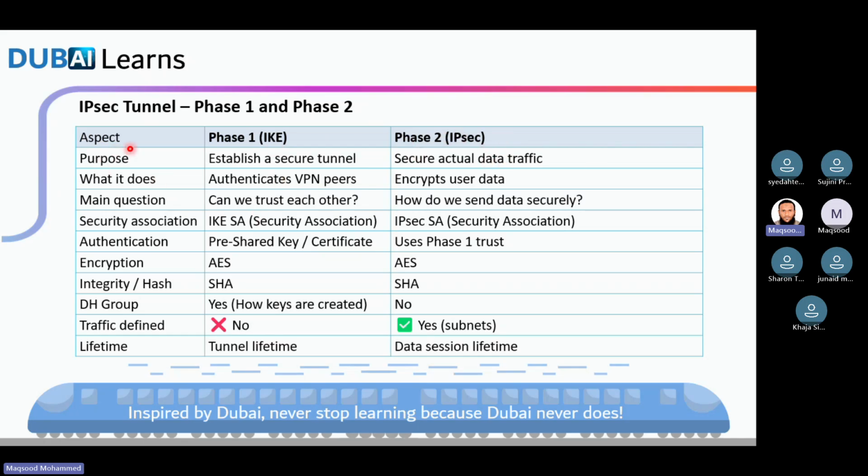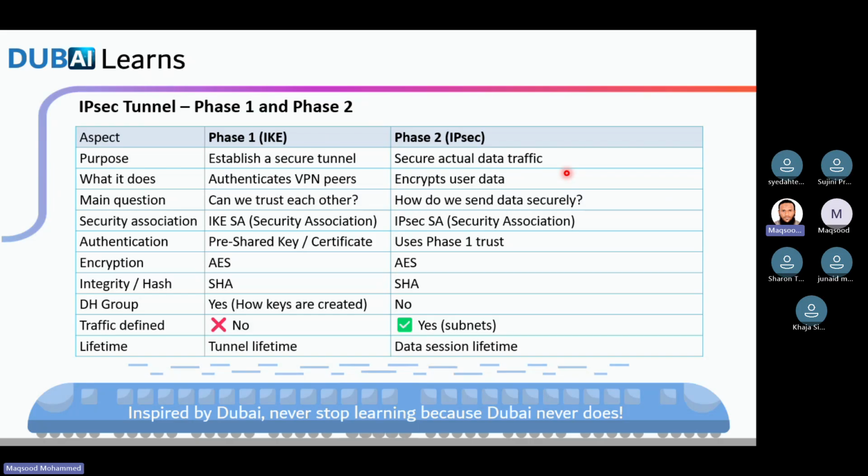So what happens at each phase? It explains here. The purpose of phase one is to establish a secure tunnel. This is where, between the two VPN devices, or between a VPN device and the firewall used as a VPN device, a secure tunnel will be established. Only the tunnel establishment. In phase two, it actually secures the actual data traffic.